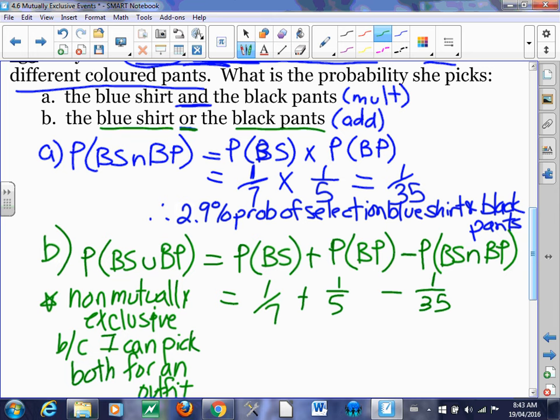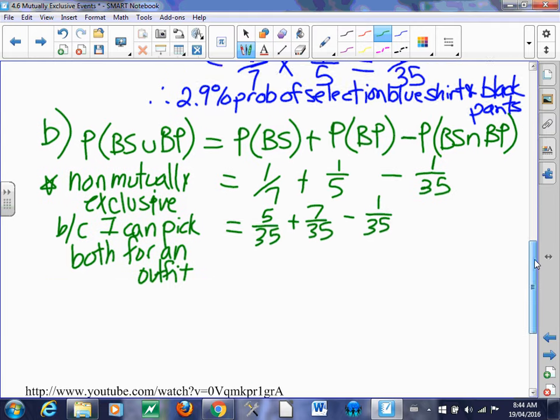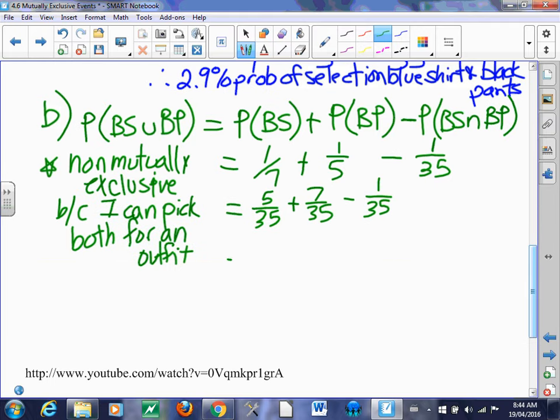Okay. Now we use our graphing. Just use your calculator. Plug them all together if you want. If you don't have a calculator with a fraction button on, I'll put them all into denominators of 35 for you. So it's going to be 5/35 plus 7/35 minus 1 over 35. Okay? And, ladies and gentlemen, plugging that in, you've got 11 out of 35. Okay? That's lowest terms, but change it to a percentage.